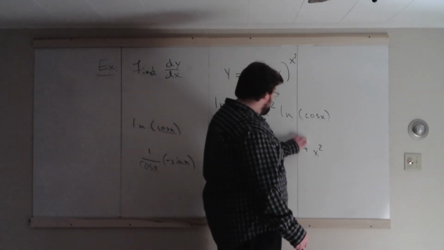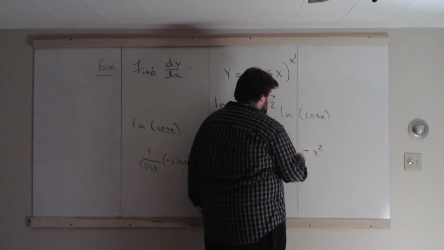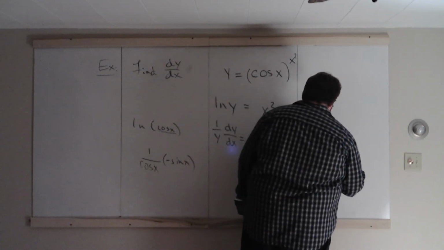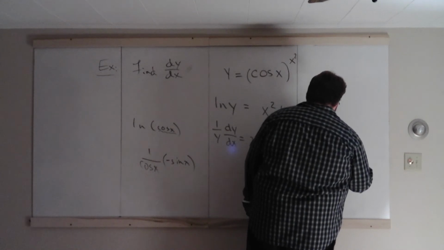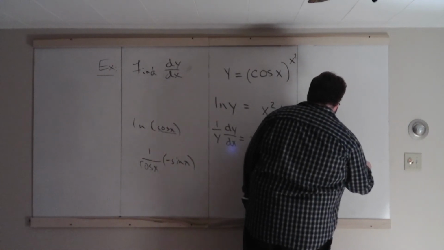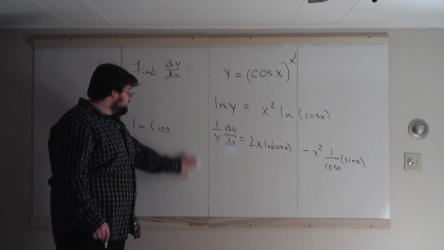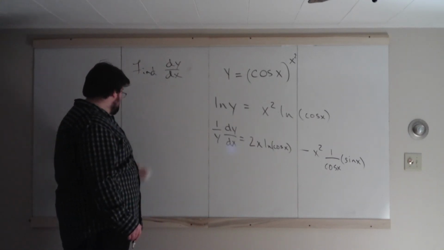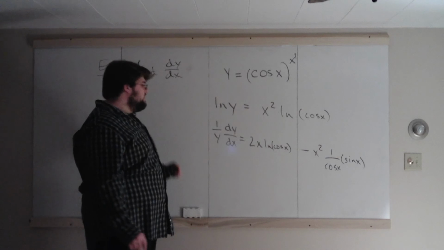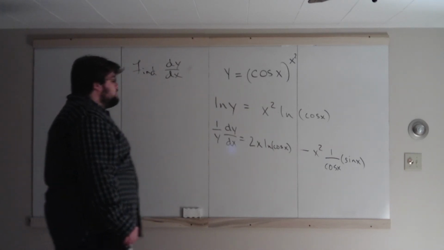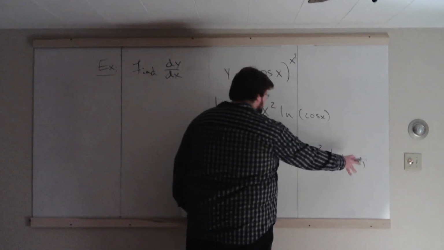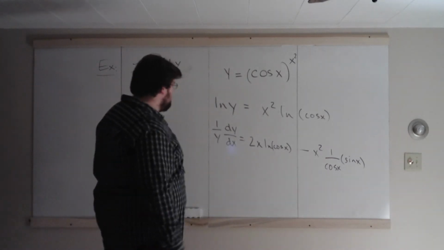So I'm going to throw that negative out here. And then we get 1 over cosine times just regular sine. So I replace that positive with a negative, so I didn't have to write a negative over there. Some of you might have noticed that this simplifies nicely over here, but we'll get there.